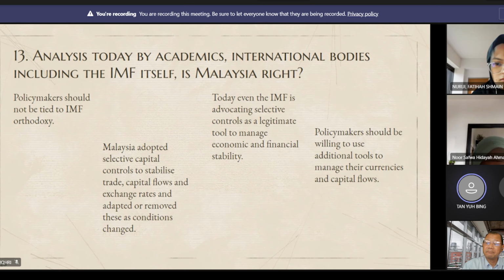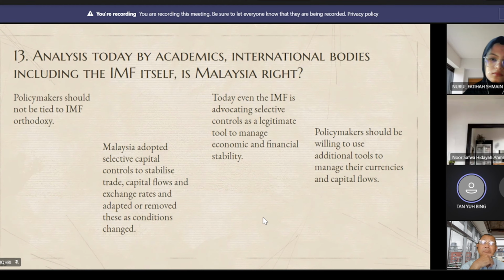They should be willing to use instruments other than the normal monetary ones to attain these objectives. Malaysia adopted selective capital controls to stabilize trade, capital flows, and exchange rates, and adapted or moved this as conditions changed. At that time, such policies were considered heretical, yet today even the IMF is advocating selective control as a legitimate tool to manage economic and financial stability.